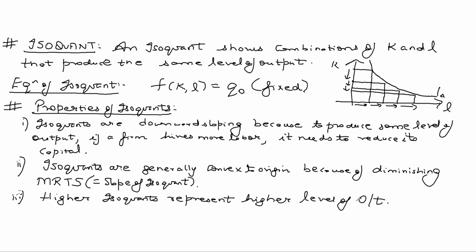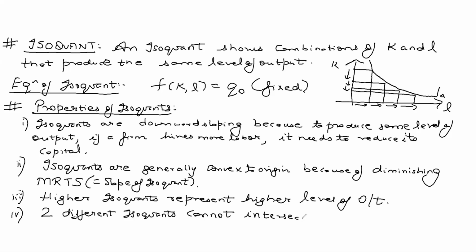Similarly, higher isoquants represent higher level of output. Okay. Fourth property, two different isoquants cannot intersect each other.